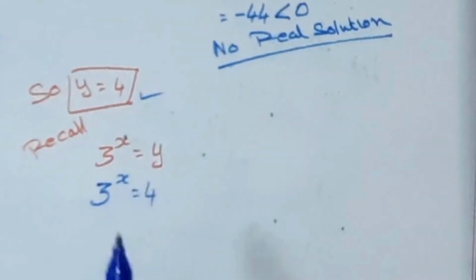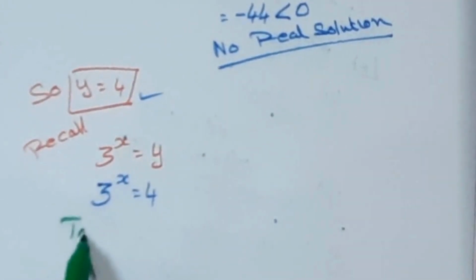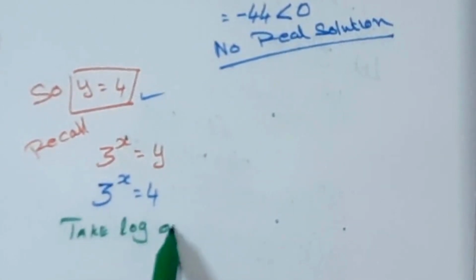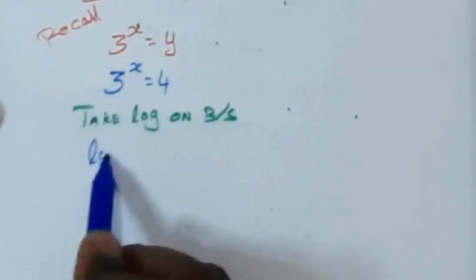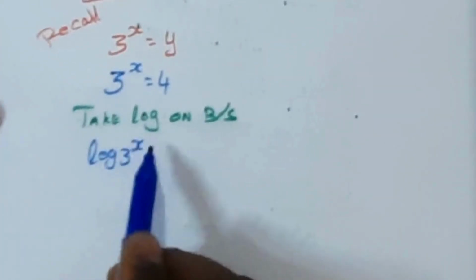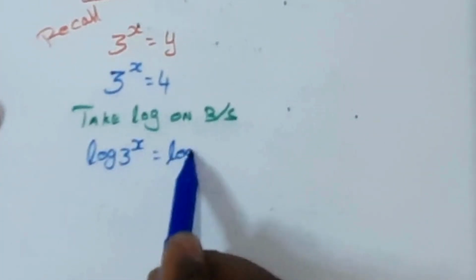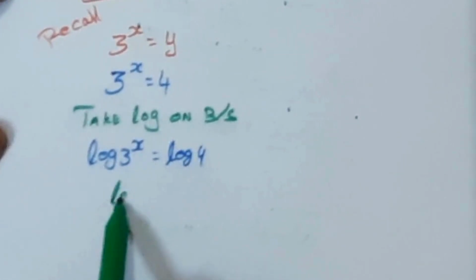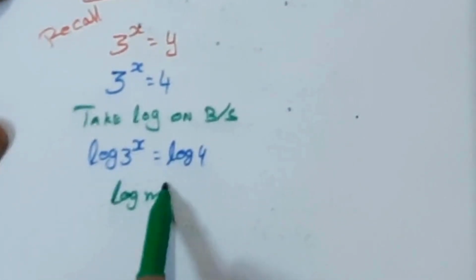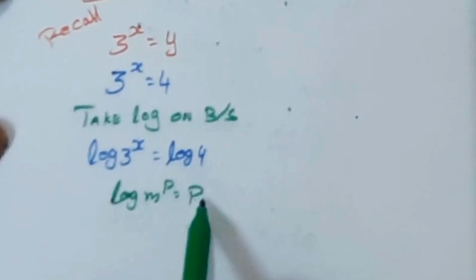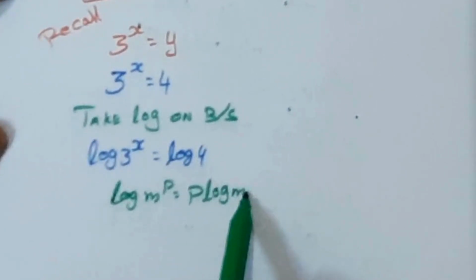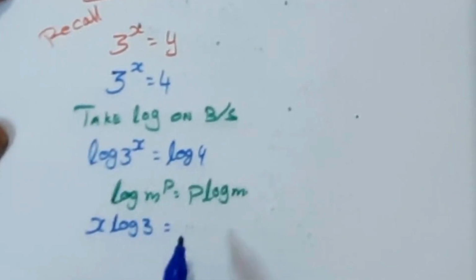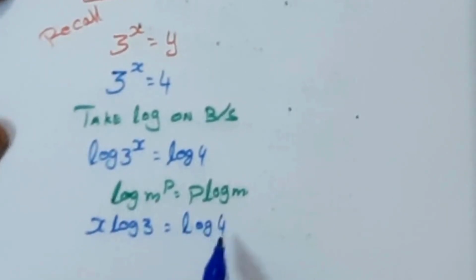Take log on both sides. Log 3 to the power of x equal to log 4. Apply the log formula: log m power p equal to p log m. x log 3 equal to log 4.